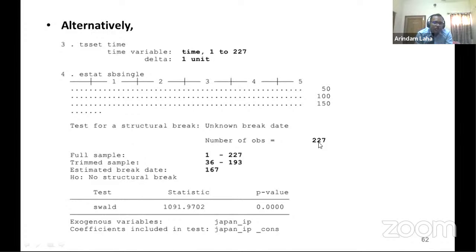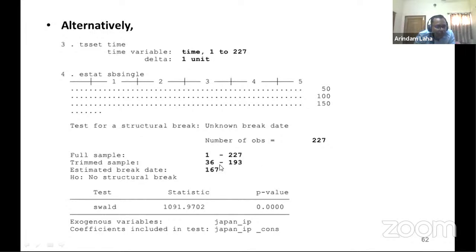They will trim the data set, as I have told you earlier, reducing it by 15%. 15% of 227 is 35. So they exclude 35 observations from the initial level, and they exclude the same 15% from the latter end of your sample. So you have a trimmed sample, 36 to 190.